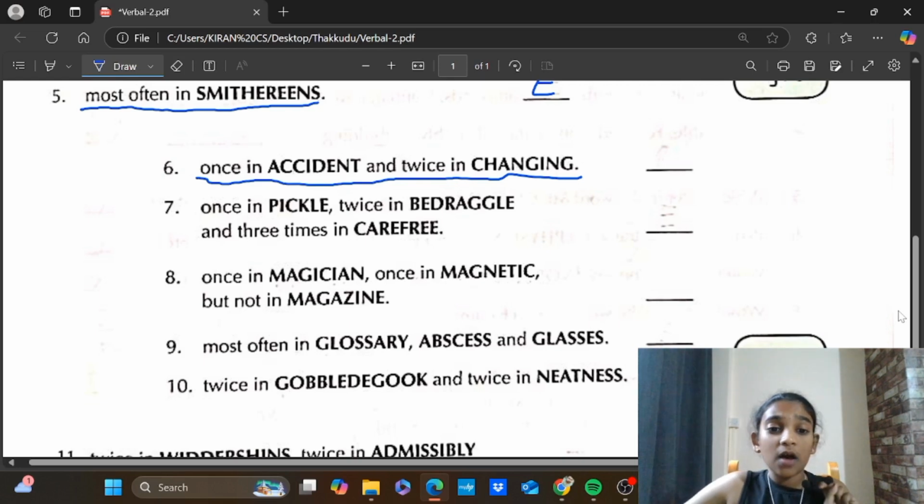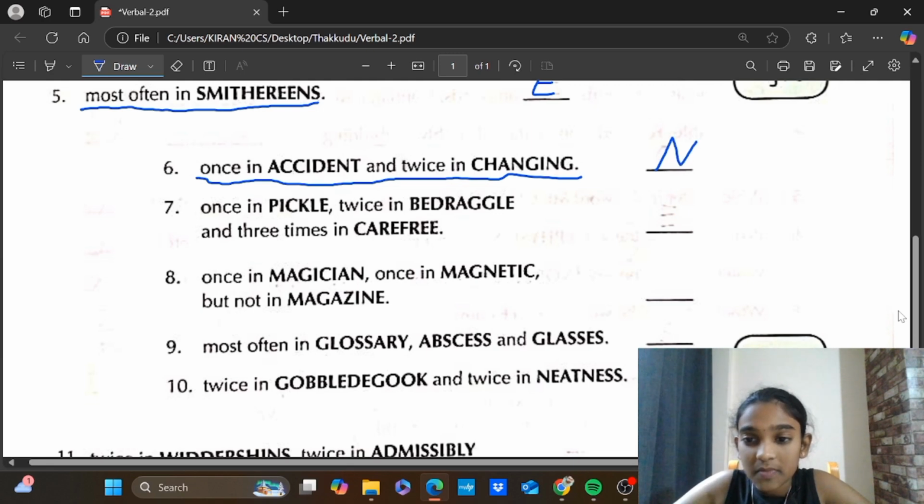Oh, it comes twice, but we need once. So C is not it. I, it comes once. It doesn't come twice in the second word. What about D? It comes once. It doesn't come twice. E comes once. Doesn't come twice. N comes once. Comes twice. So for number 6, the answer is N. Okay, so let's move on to the next question.